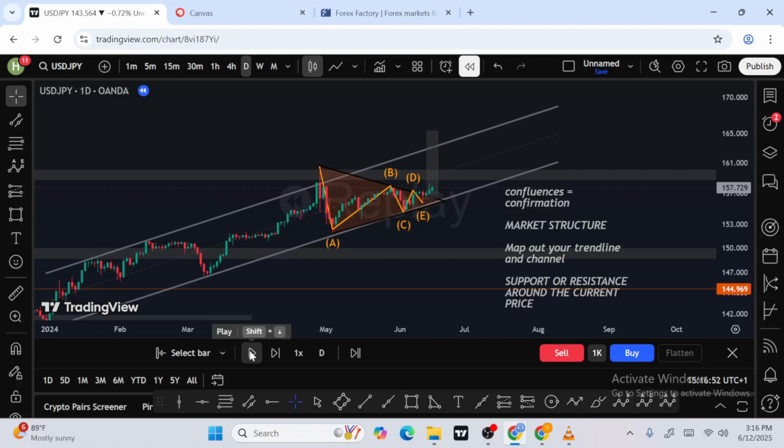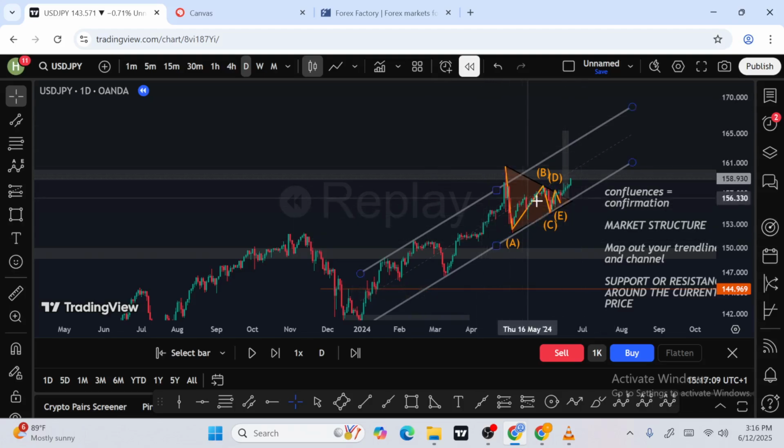Are you seeing it now? It's moving up. This is now after you've known this chart pattern. This chart pattern is coming from a preceding movement.